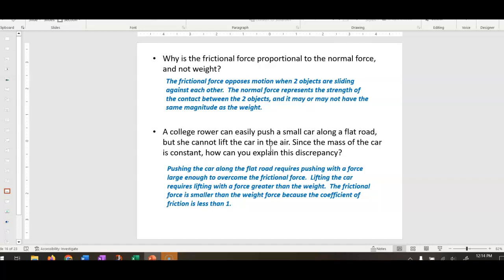The normal force is the force that occurs because you've got two objects pressed together, and so it is a measure of how hard they are pressed together. So be careful. There are situations where the normal force and gravitational force are the same amount, but always be sure that when you're calculating friction, you are using the normal force.